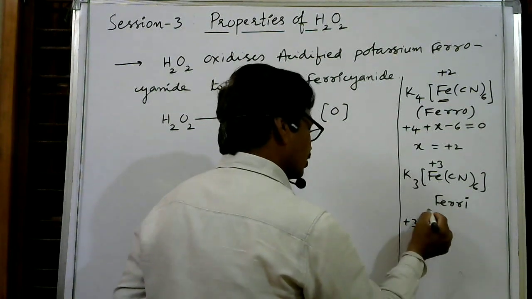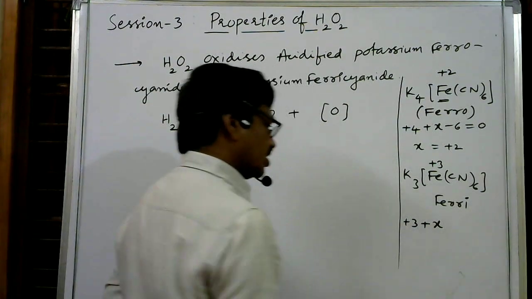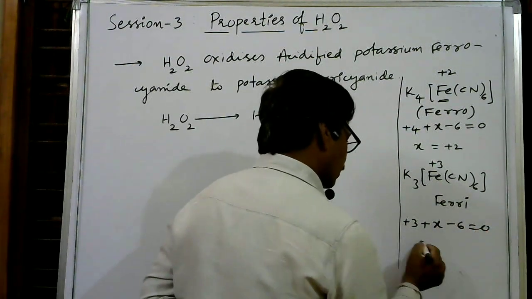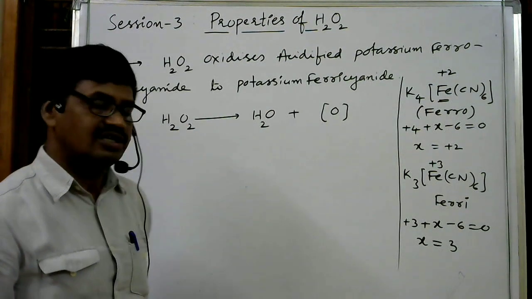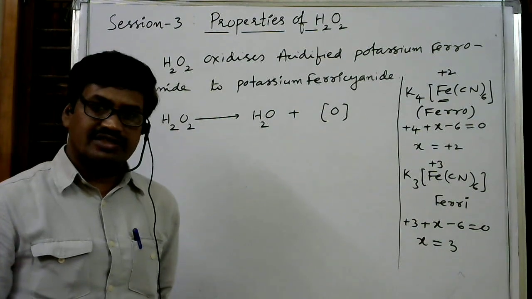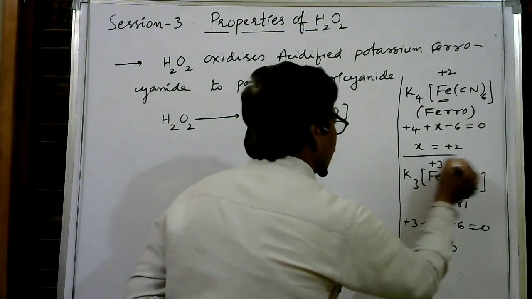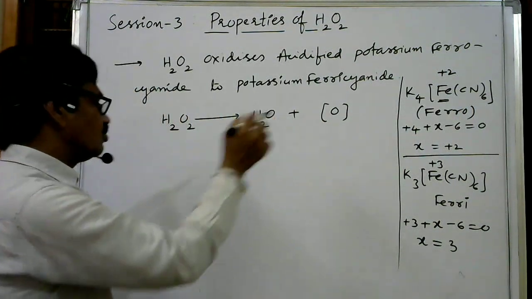And we have to calculate the oxidation number of iron, so I am assuming it as X. Each cyanide is minus 1, so minus 6 equal to 0. So X equal to how much? 3 we will get. So plus 3 iron is ferri, plus 2 iron is ferro. So first of all, you should know the formulas of ferrocyanide and ferricyanide. That is ferrocyanide, so that only I am writing here.